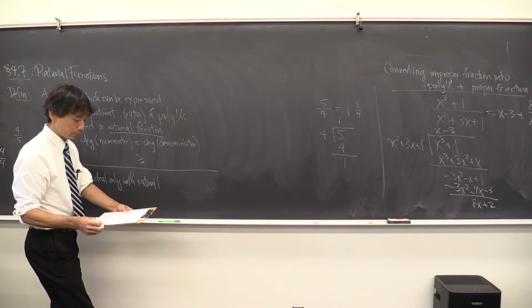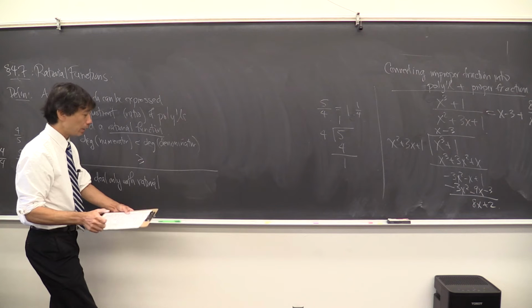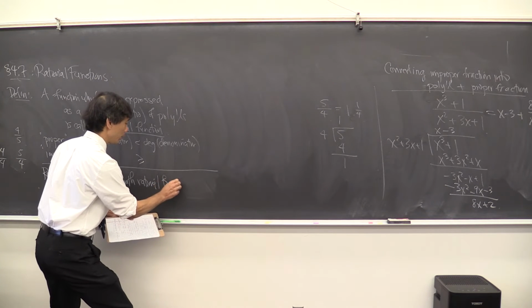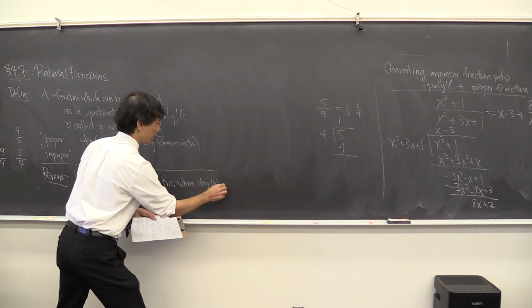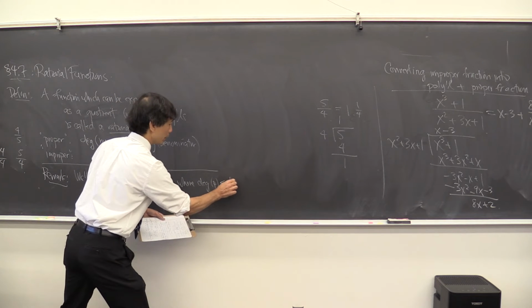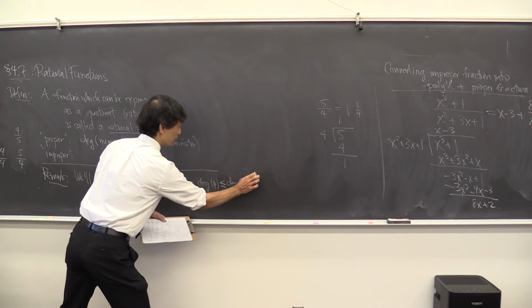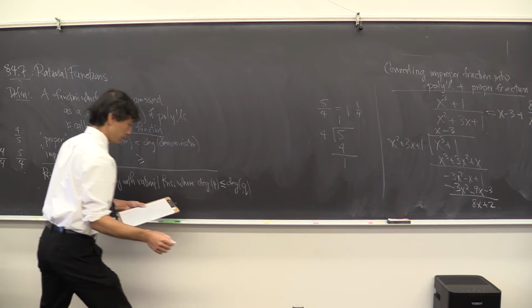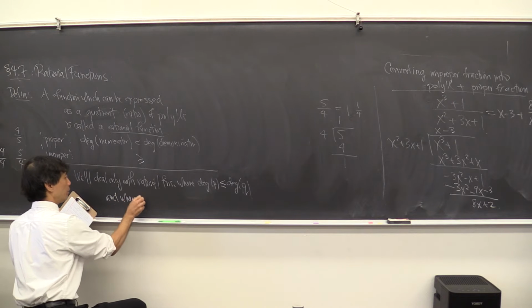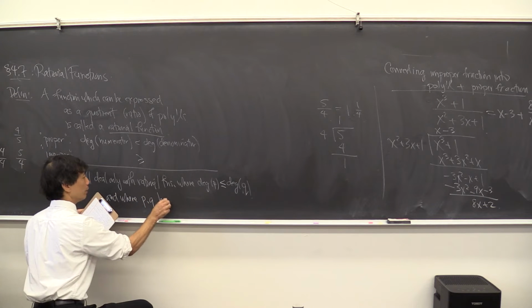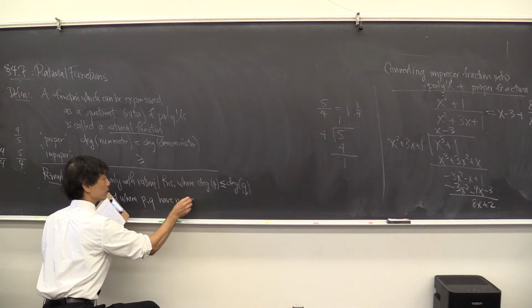I think we'll only deal with rational functions where the degree of the top is less than or equal to the degree of the bottom. Okay, and where P and Q have no common factors.